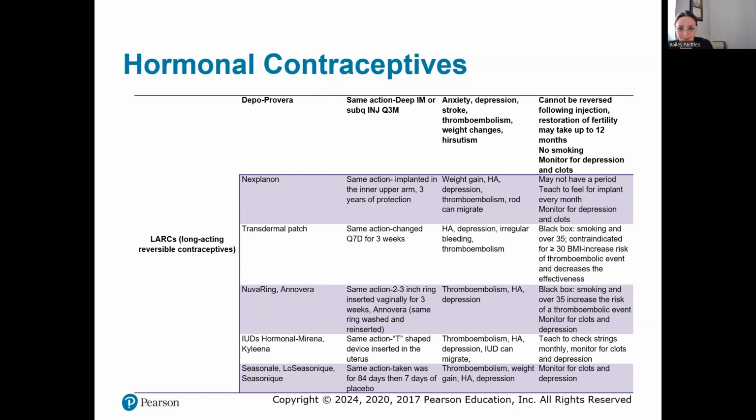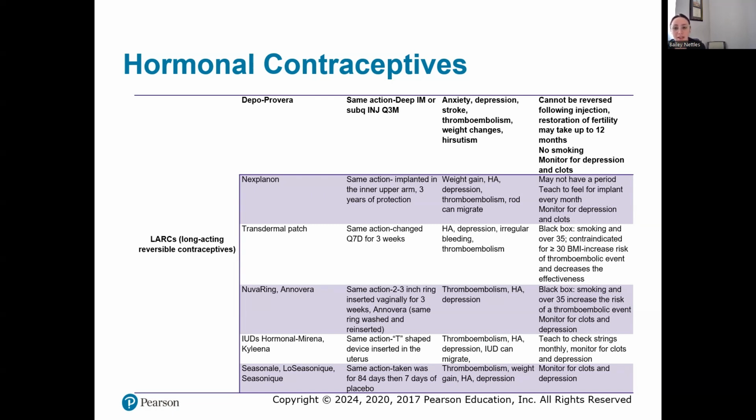It's not going to work that way. Okay. It's got to go inside. And so you need to teach them what it feels like, what it looks like when it's in the right place. Okay. Thromboembolism, headache, depression. Once again, there's a black box warning for smoking, and over 35 years old, increased risk of thrombotic event. So you need to monitor for clots, monitor for depression.